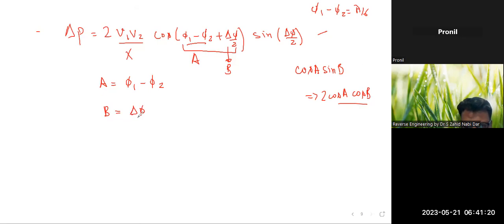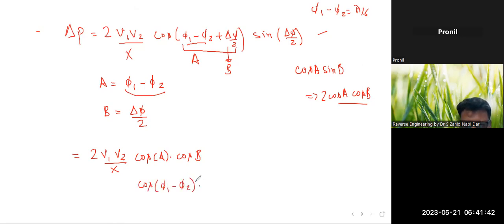One more expression we have to put, which they have not mentioned there. Now once you put this expression, the expression will change. 2 v1 v2 by x will become cos A into cos B. Now the value of cos A is cos(phi 1 minus phi 2), and the value of cos B is cos(del phi by 2).